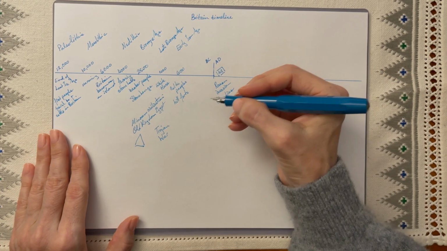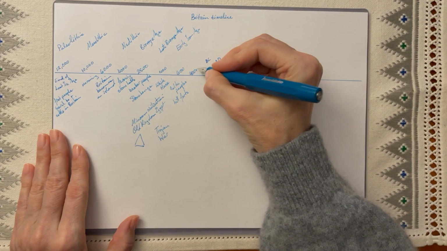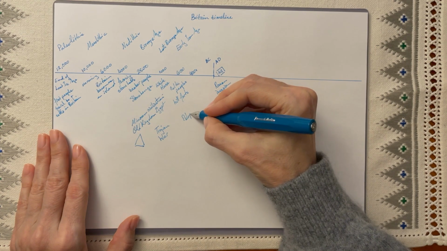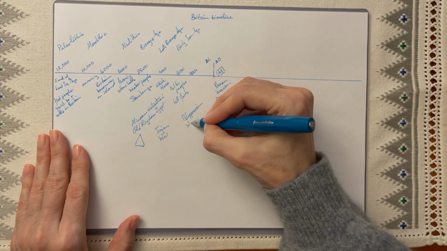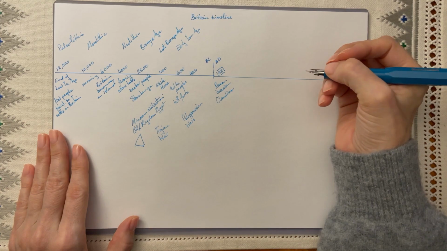In the 400s, we have the Peloponnesian Wars in Greece between Sparta and Athens.